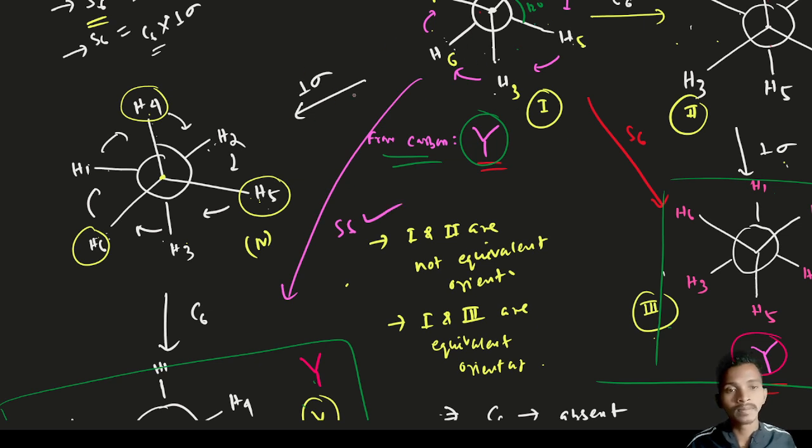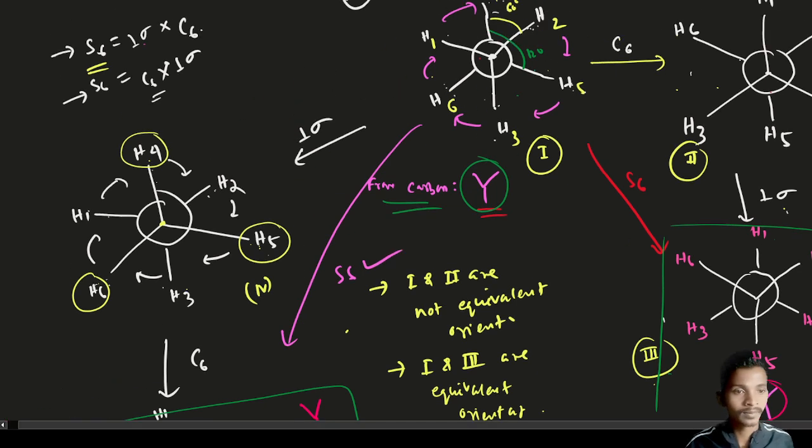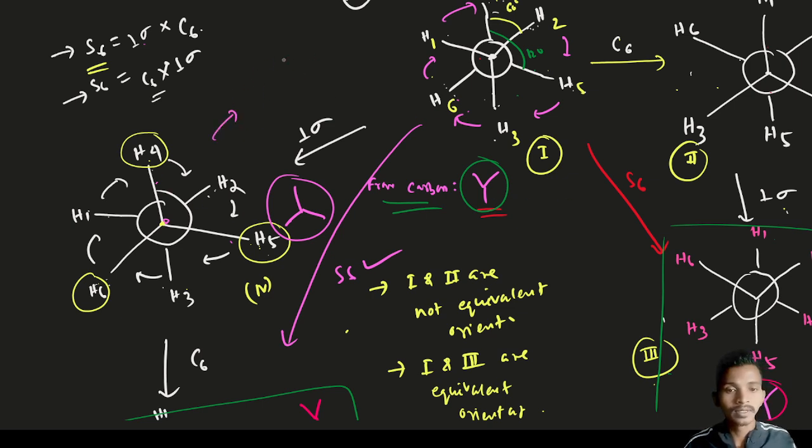But whether sigma is present or not, see, this is straight Y and this front carbon becomes back Y, meaning this is straight Y, this is inverted Y, so these are not equivalent orientations. Why is this not equivalent? I already explained that this is like this, this is like this, and this is this way.